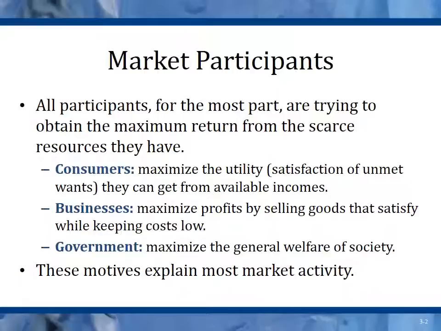First thing we're talking about are the market participants. All participants, as the slide says, for the most part are trying to obtain the maximum return from the scarce resources they have. Everybody's trying to get the most of what they have. Consumers are trying to get the most that they can from their available income. For the most part, people will live to their means. As a society in the United States, we don't have the skill as a society.